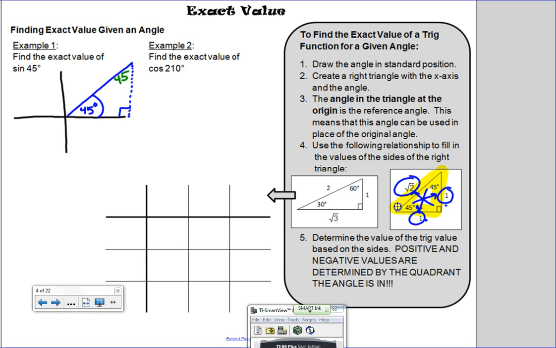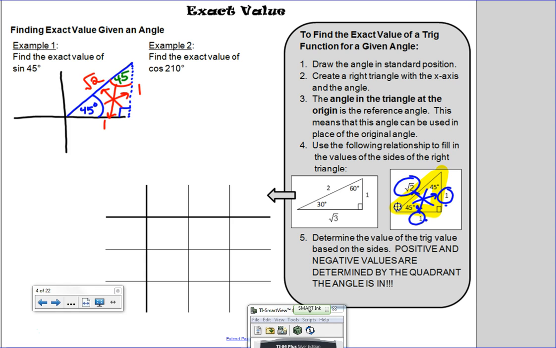So going back to my triangle now, across from the 45 would have a 1 side. Across from this 45 would have a 1 side. And across from the 90 would have a radical 2.